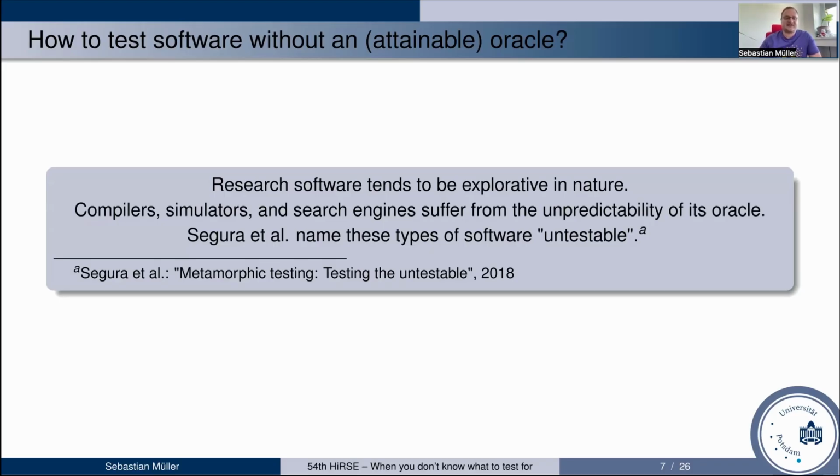They are actually stating that research software tends to be explorative in nature, and that especially compilers, simulators, and search engines do indeed suffer from this unpredictability of oracles, and go as far as telling us, hey, these software types are untestable, in brackets, under our normal testing regimes.